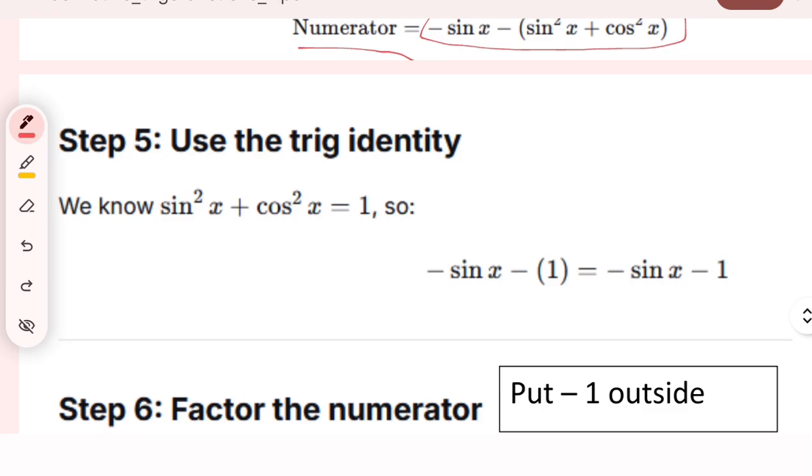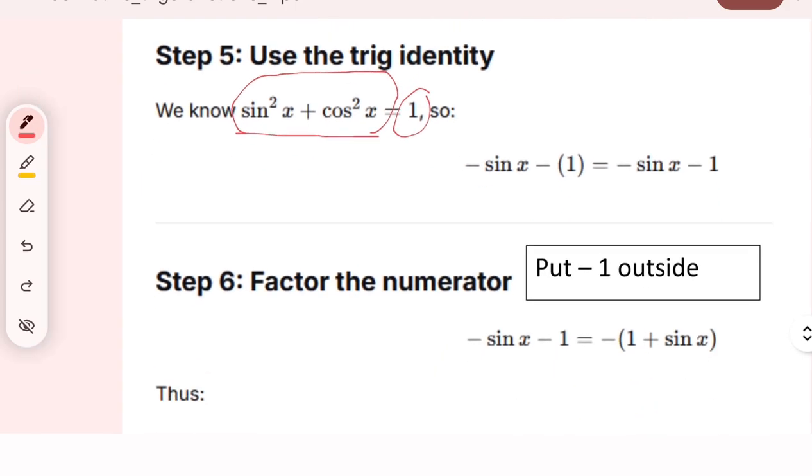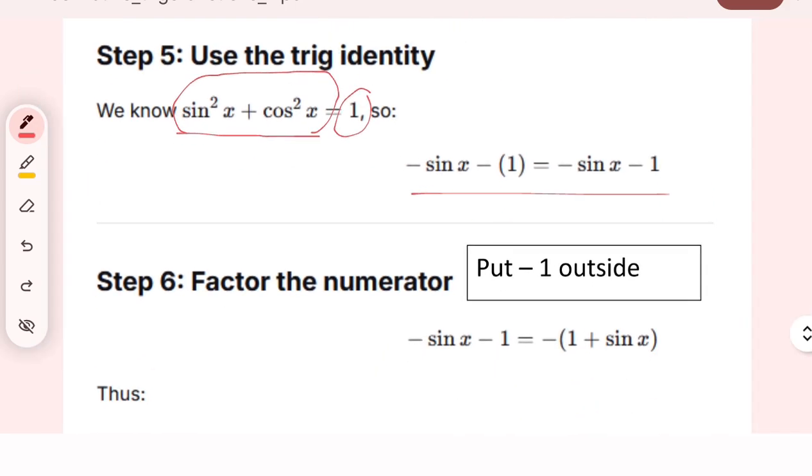Because you can replace, for example, sine square x plus cosine square x with 1, because that is an identity. Sine square x plus cosine square x is equal to 1. So it would be something like this.